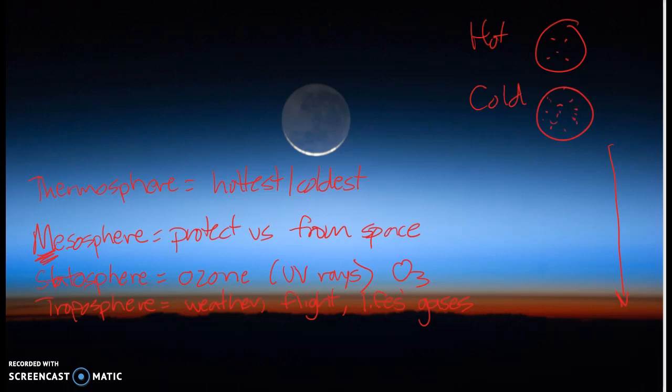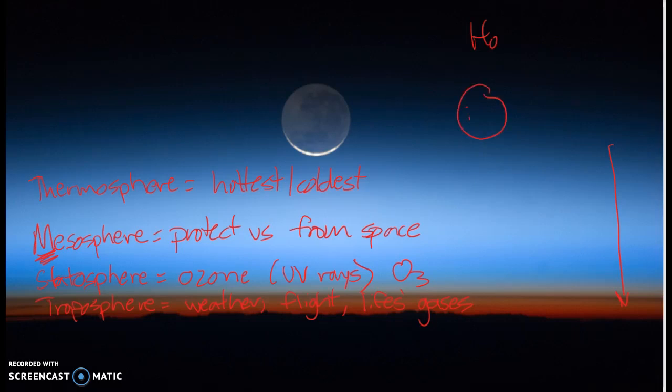And in the atmosphere, it's a little bit opposite, because what happens is that when we get higher up, the Earth's gases are less dense, so there's not as many of them, and with that, we feel it as coldness.